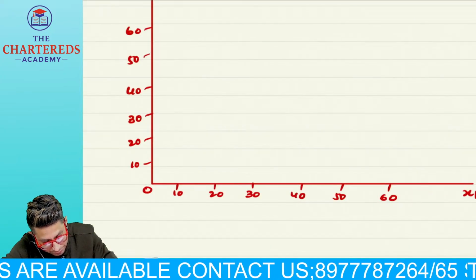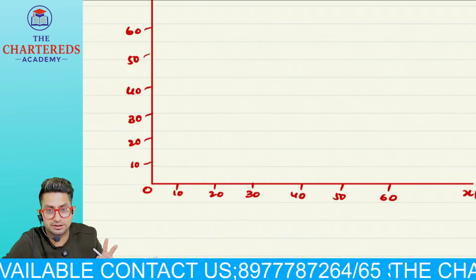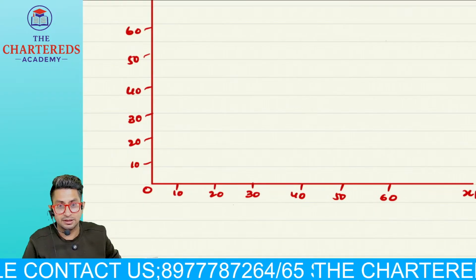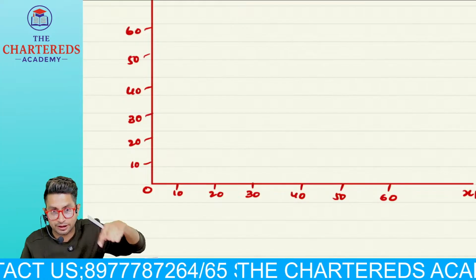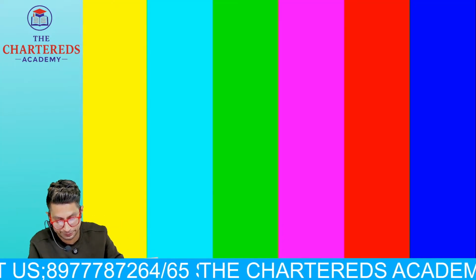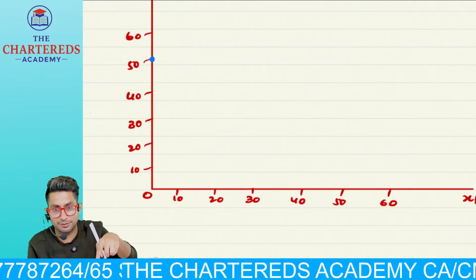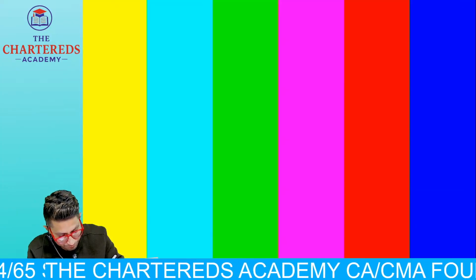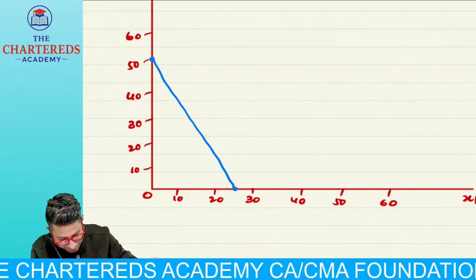I will use blue, and two different colors so that the intersection of the two equations becomes easy to identify. Here it's okay, but when you have 3 or 4 equations, different colors make them easy to identify. Plot 0 and 50, and in the same equation, if x2 is 0, x1 is plotted here. I will join these two like this.